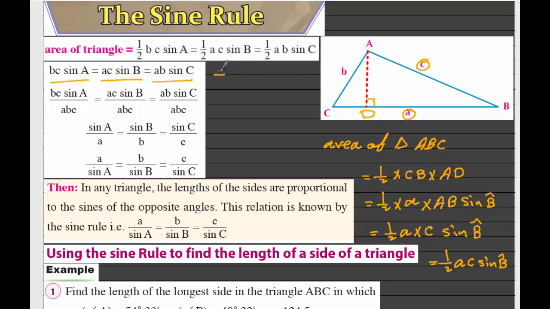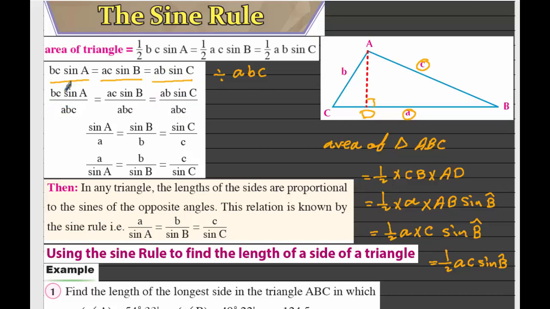Here we can divide by ABC in this step. So BC sine A over ABC equals AC sine B over ABC equals AB sine C over ABC.